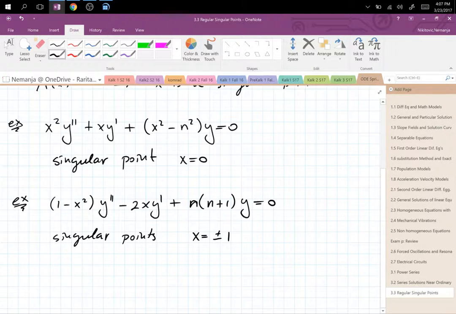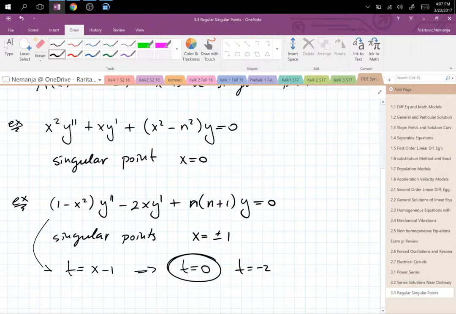If you say t is equal to x minus 1, then the singular points are now t equals 0 and t equals negative 2. But we have t equals 0, which is the one that we are trying to learn about. You would use derivatives, obviously, to plug everything in, so y would now be a function of t, which is shifted. Not a big deal. Use a little bit of chain rule.